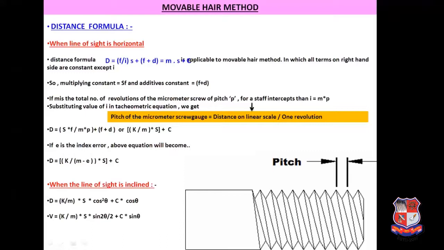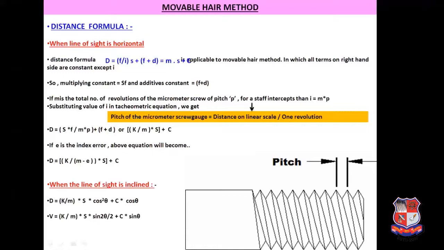If the number of revolutions of the micrometer screw of pitch P gives a staff intercept I equal to small m into P, substituting the value of I in the tachymetric equation, we get the following. Here the pitch of the micrometer screw gauge is equal to the distance on the linear scale divided by one revolution. By that way we will get the value of pitch.